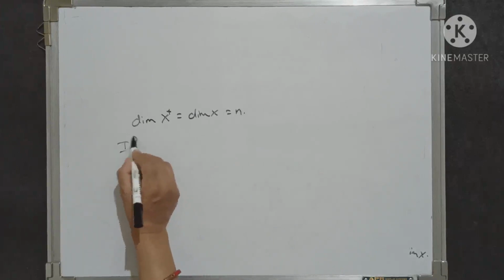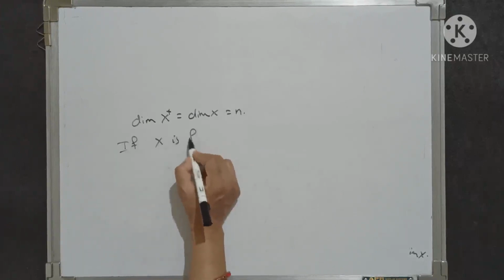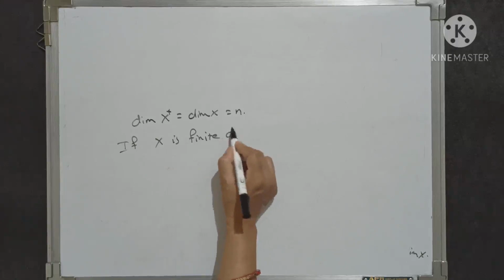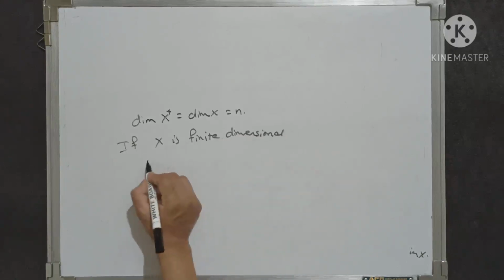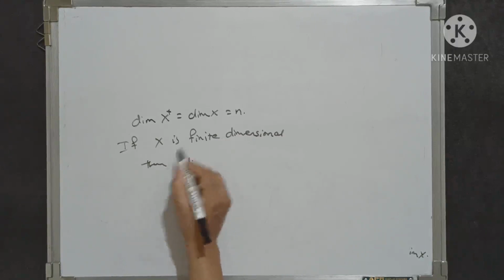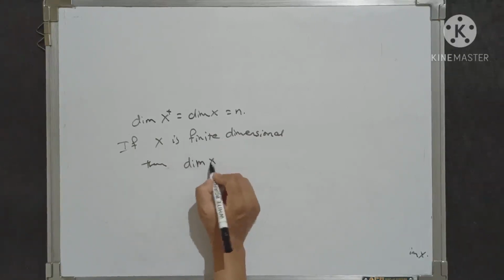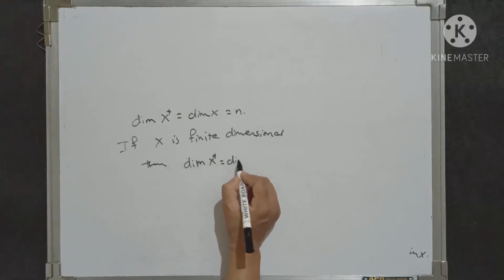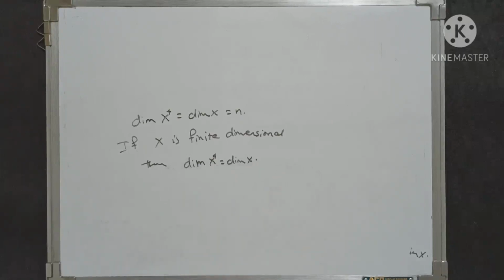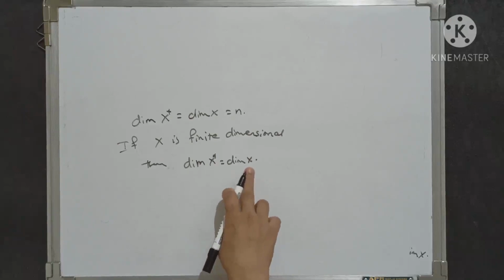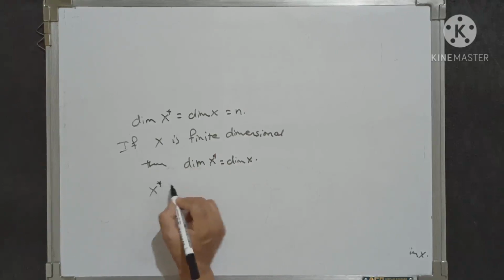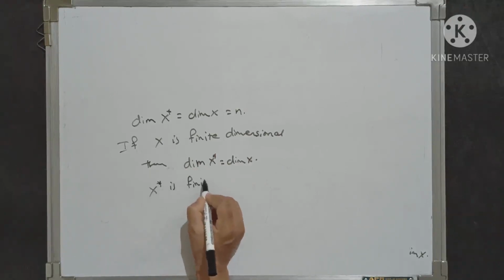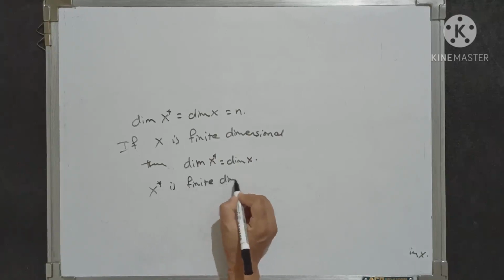That means if capital X is finite dimensional, then its algebraic dual space has dimension that is also equal to the dimension of X. But here as X is finite dimensional, the dimension of X is also finite. That means X star is finite dimensional.